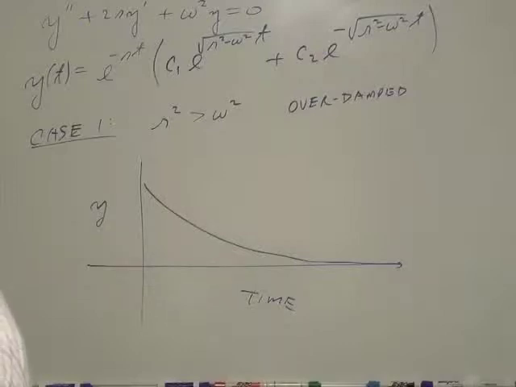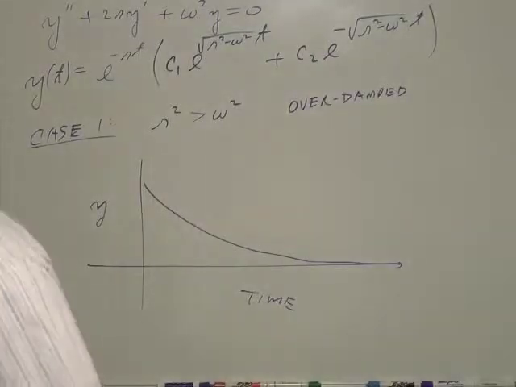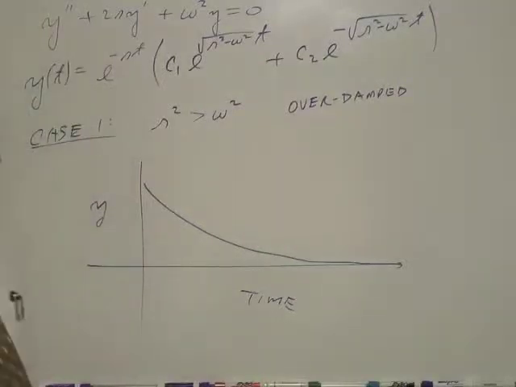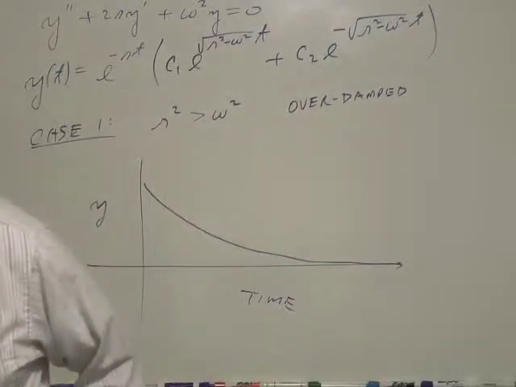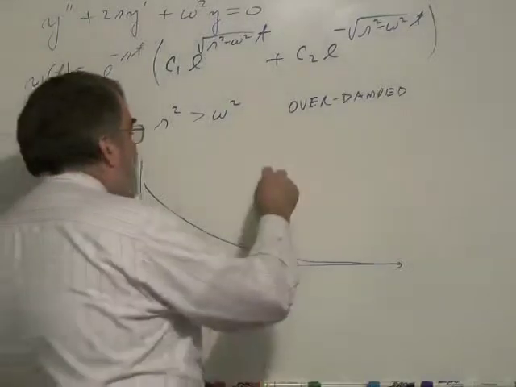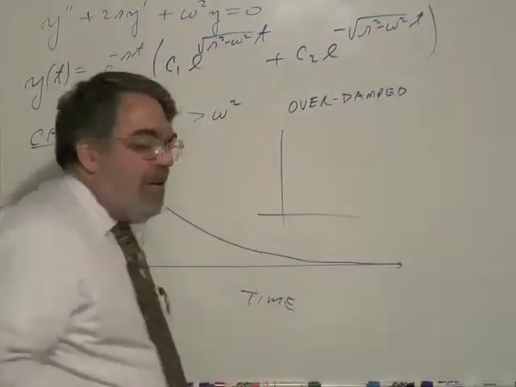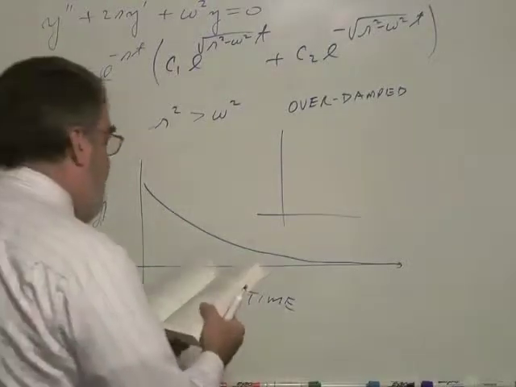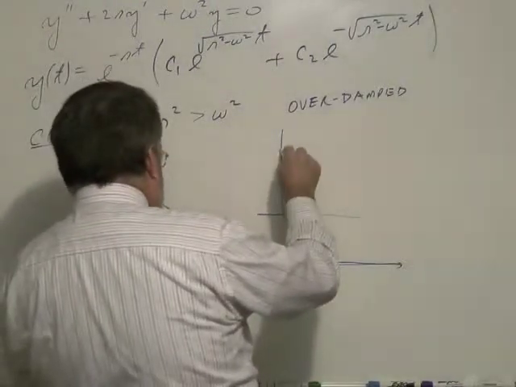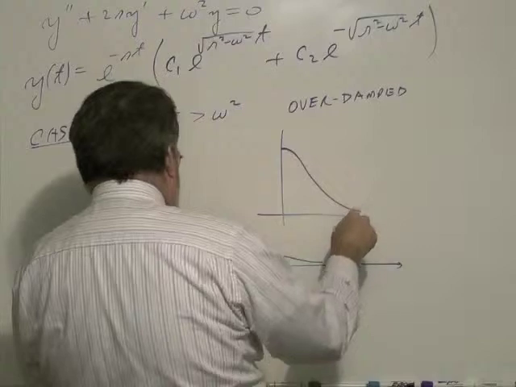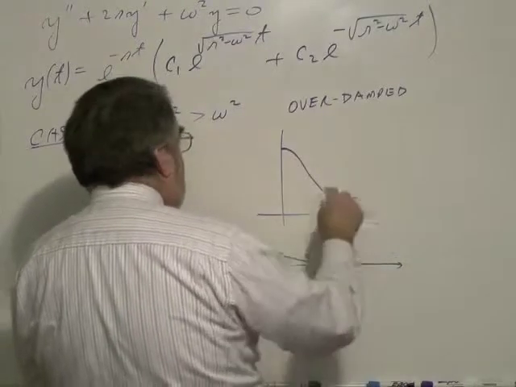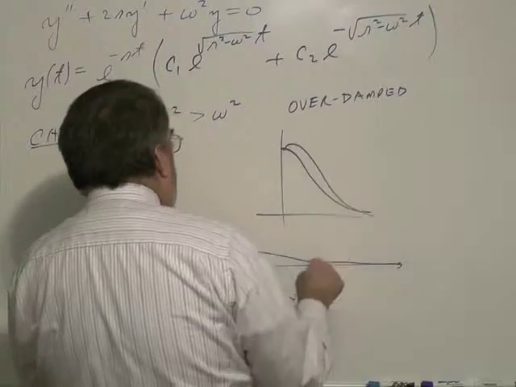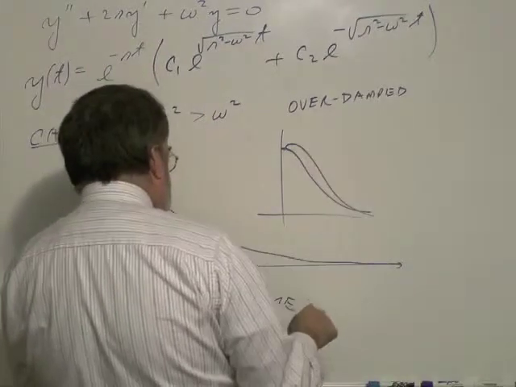Now it could possibly do some funny things. I'm looking in the book that I've been teaching out of, and they show a couple of graphs. It could go like this, depending on what these numbers exactly are. It could just go up a little bit, drop down.